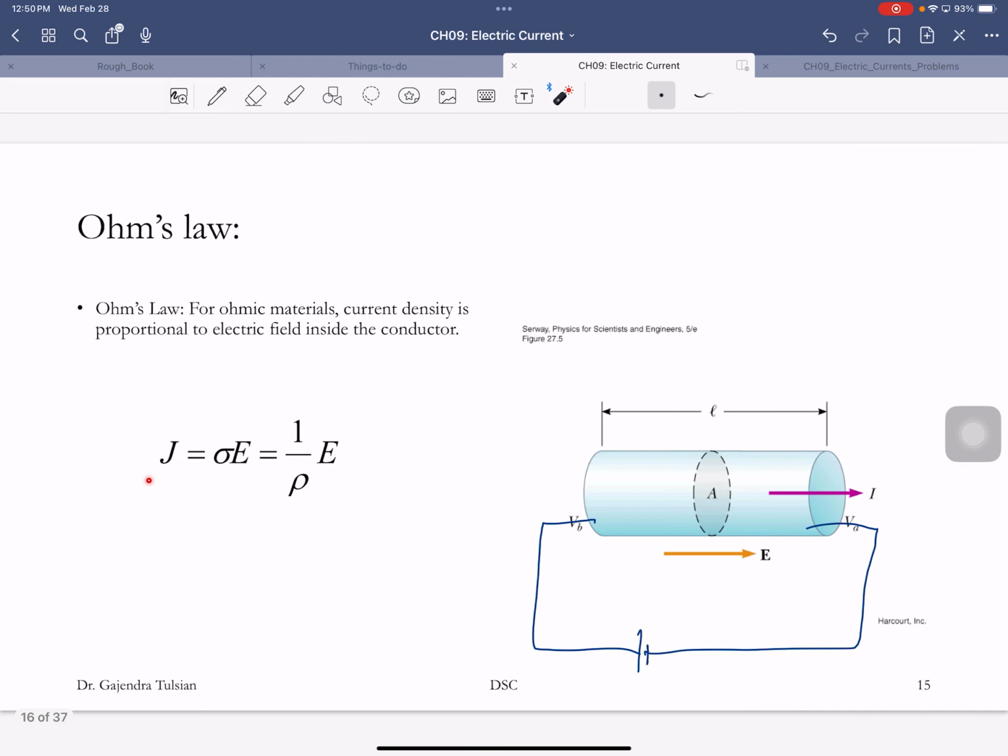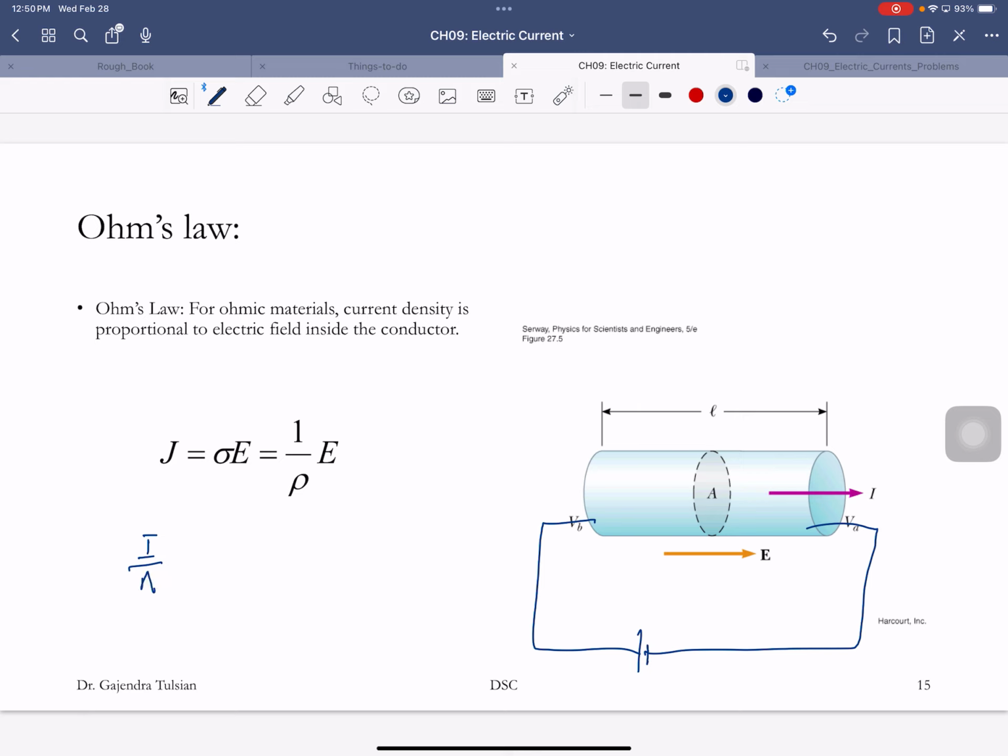Now this is Ohm's law, but it's hard to measure the electric field with the instruments that you have in lab. So we'll write this in a more useful form. You can measure current, not current density, and you can measure voltage, not electric field.